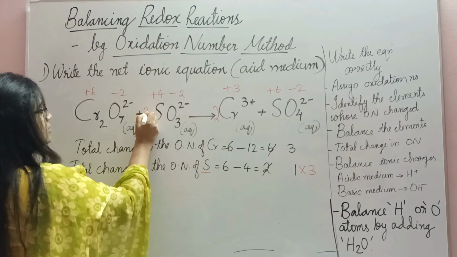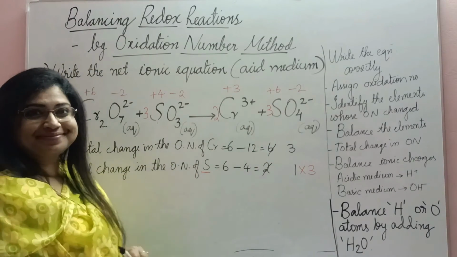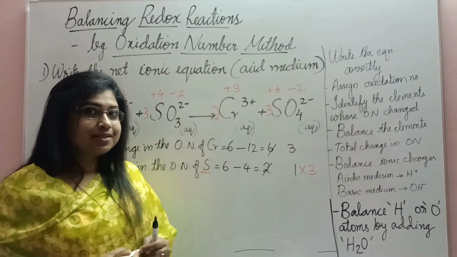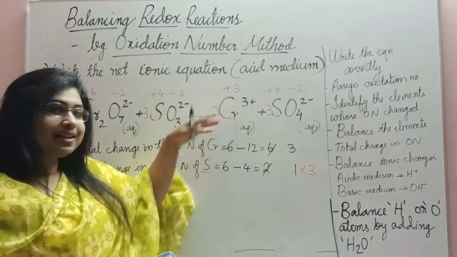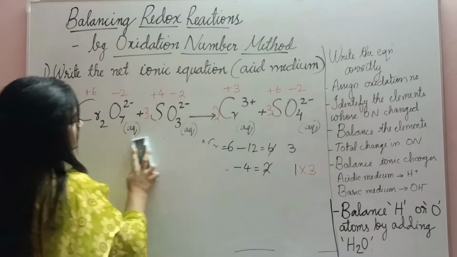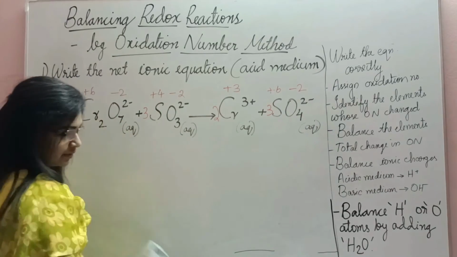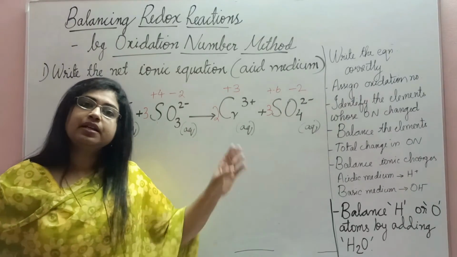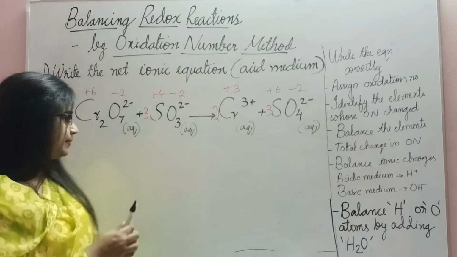So here 3, here also 3. Now the biggest challenge is over, the oxidation number part. We can rewrite the equation once again, this time without showing the oxidation numbers.